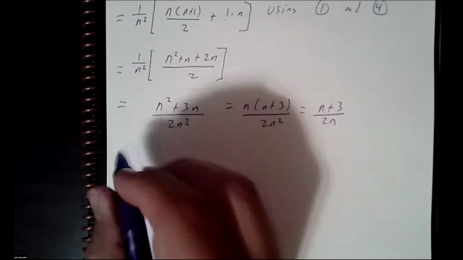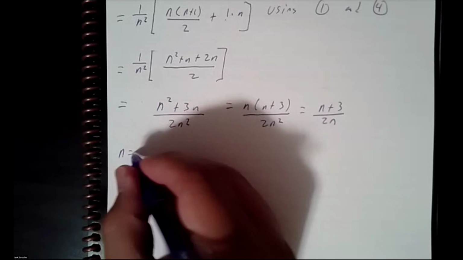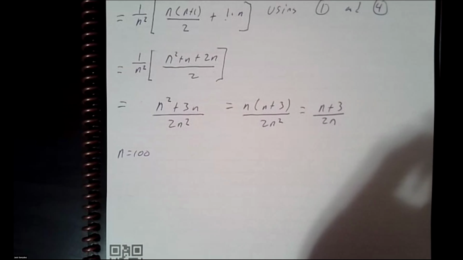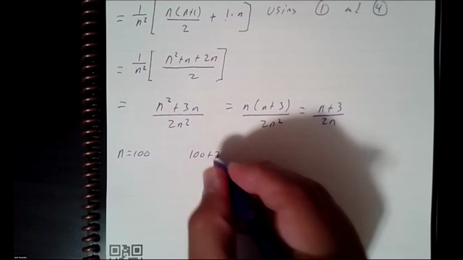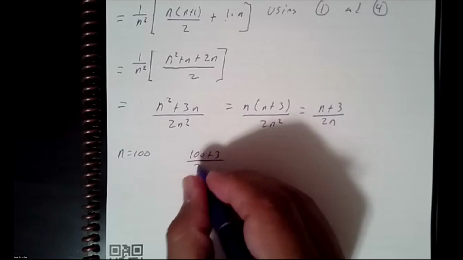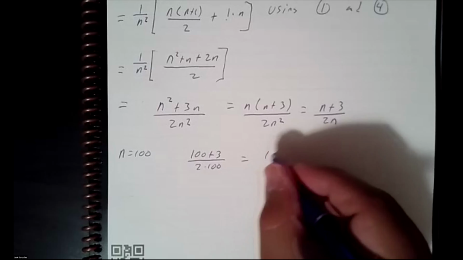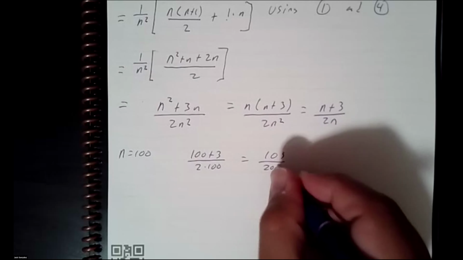Then I just plug in the numbers. This part is not interesting. Plug in n equal to 100, you get 100 plus 3 over 2 times 100, which is 103 over 200.